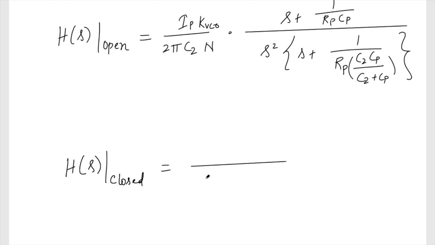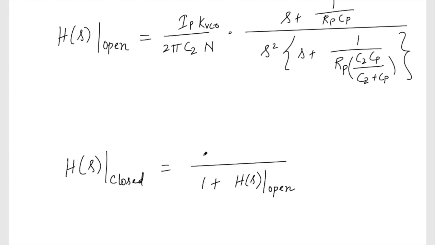So in the 1 plus beta into A, which is basically the H S open, I just need to multiply with 1 by beta.